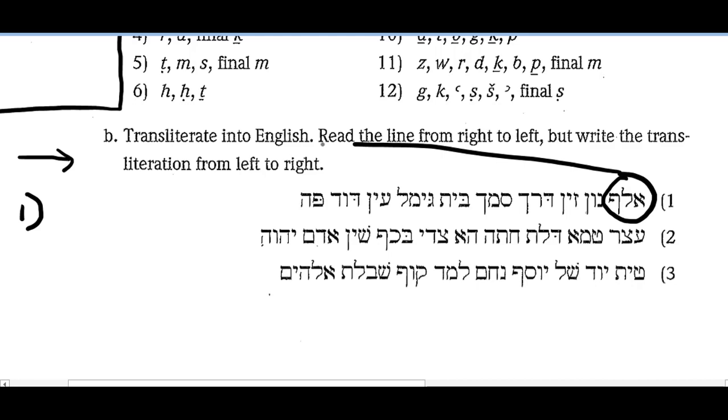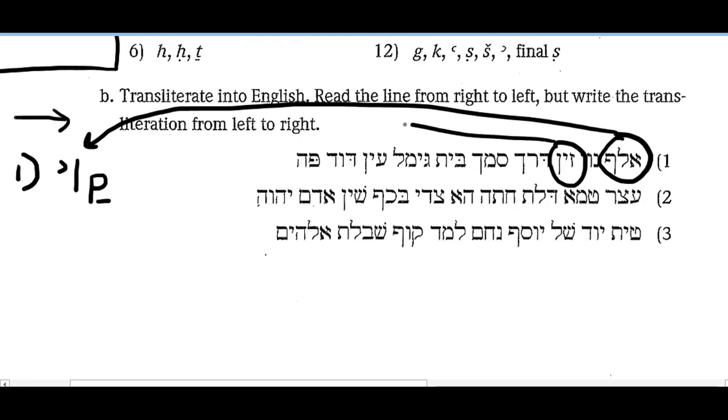Okay, so this has to be first. We're going to start with aleph. Remember, aleph looks like the apostrophe. The lamed is an L. And then the final pei here, which in English we will not specify that it's a final pei, but since pei is a begadkepat letter, we have to ask, is there a dot, a dagesh? Do you see one? No. Minus dot means in English plus line. So we have to put the line under it to indicate that this is a pei with no dot.